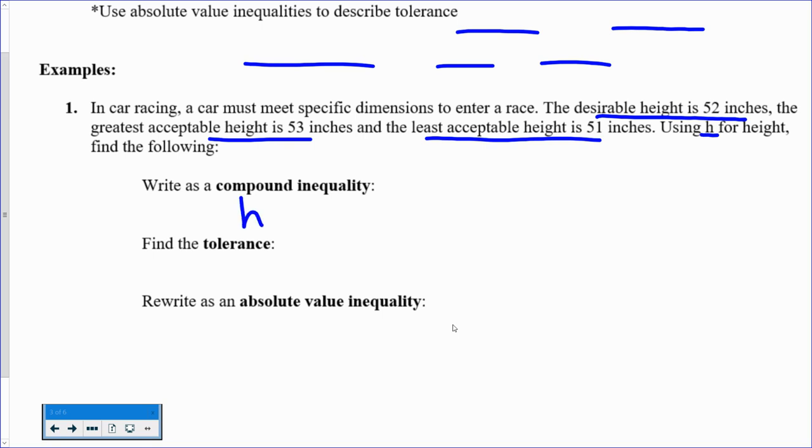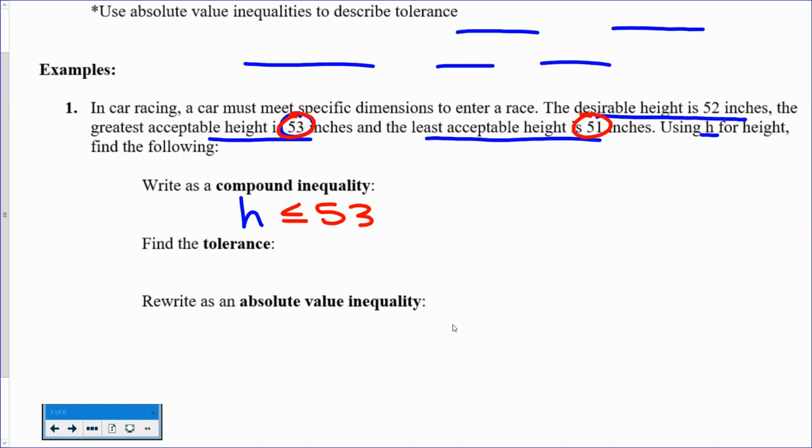So my compound inequality is going to tell me what can basically the height be, right? Because we have a desired height that is between your highest and your lowest. Okay, so my height must stay under, or it can be 53.